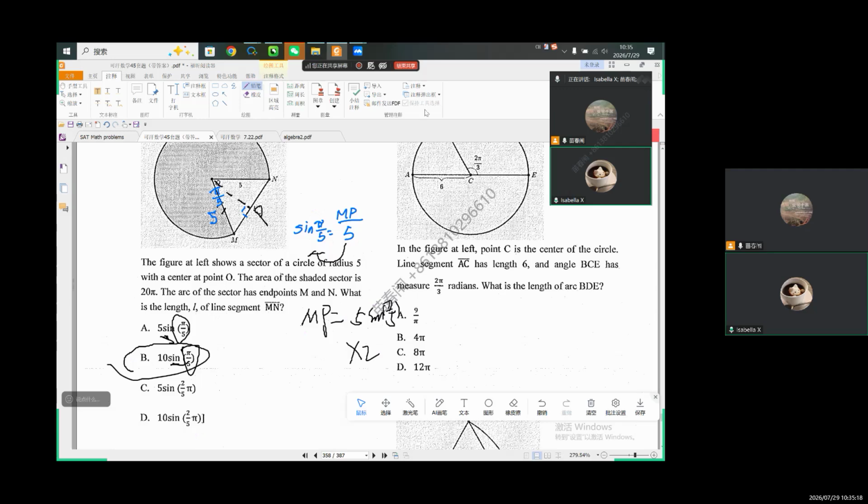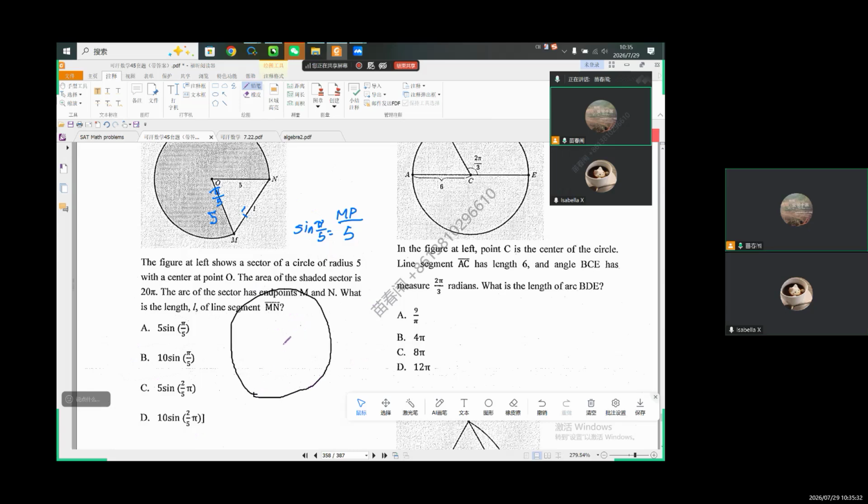Right. If you search around, this is an 800 sport level question. It's all in the syllabus, but it's a little difficult. So let me just say one thing. In a circle problem, if they draw two radii, and if they ask you about this chord, there's a big chance you're going to do this height.